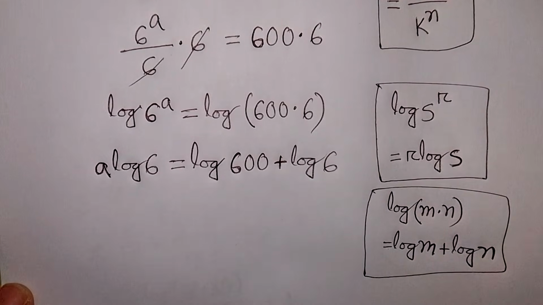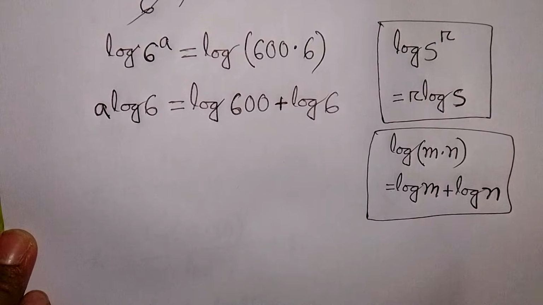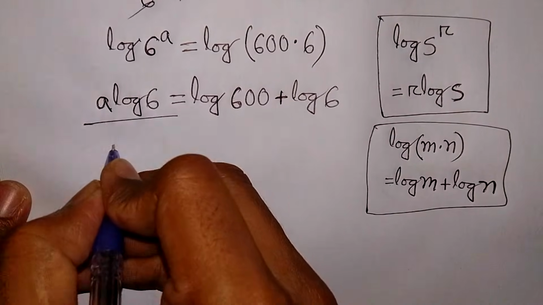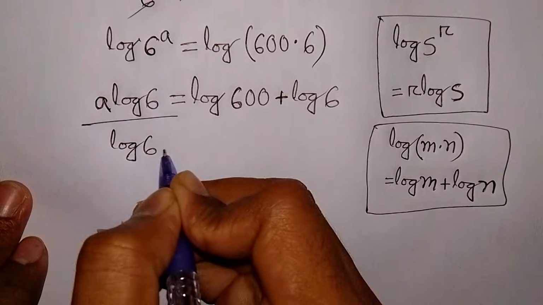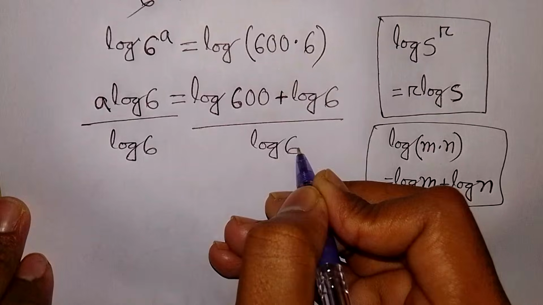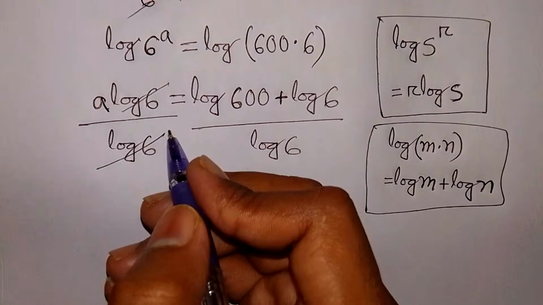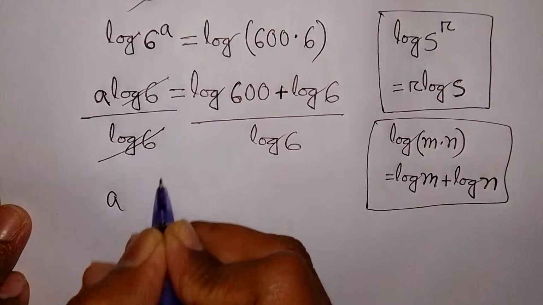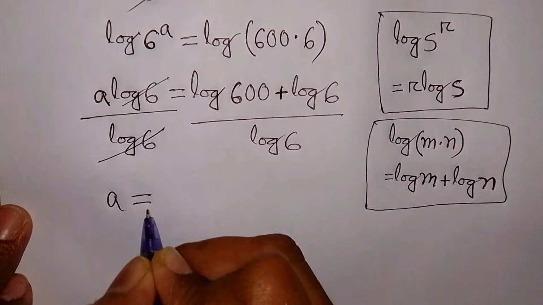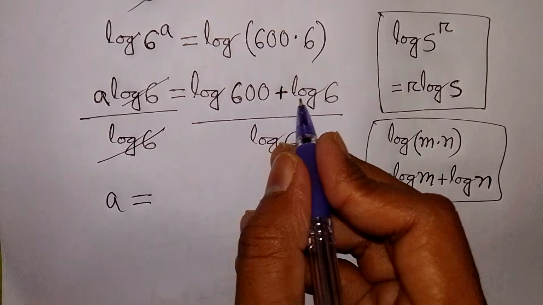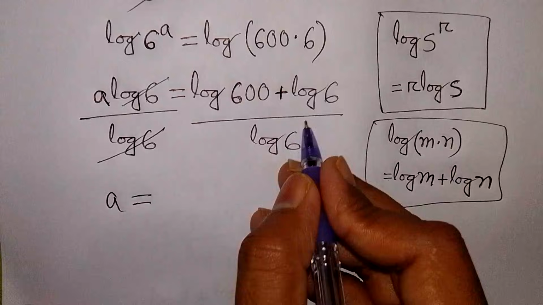Now we need the value of a. So we have to divide by log 6 on both sides. This log 6 will be cancelled out. Here a is equal to this part over log 6 plus this part over log 6.